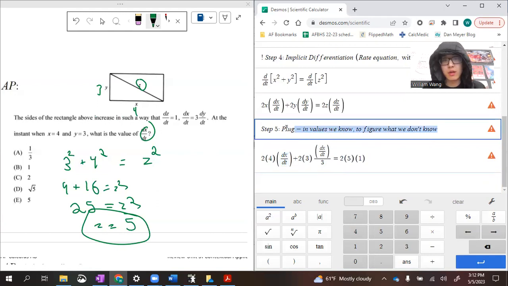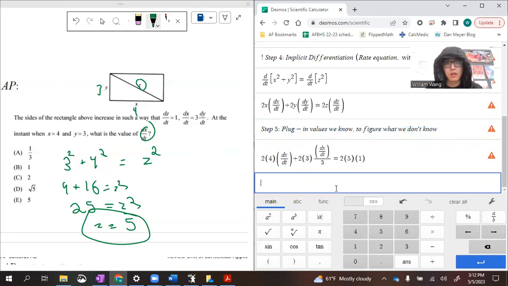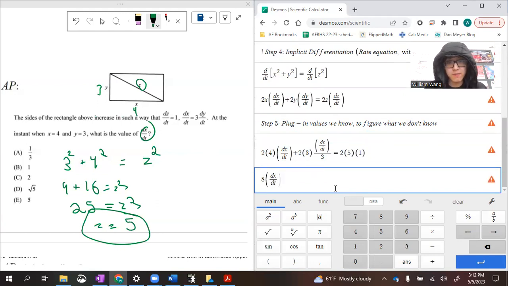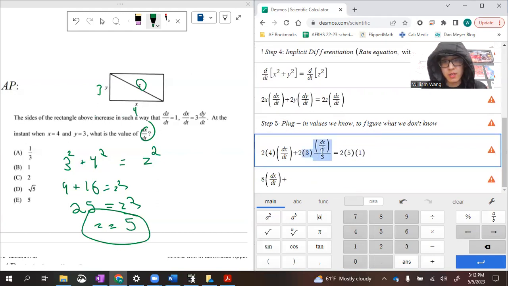So plug in the values we know. I did this to figure out what we don't know. Right, that's great. Let's just plug everything in, which I did, and let's just simplify. So 8 dx over dt plus 2 times 3 times dx over dt divided by 3.